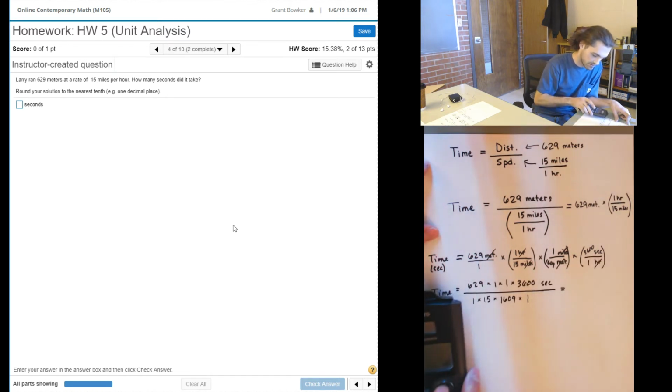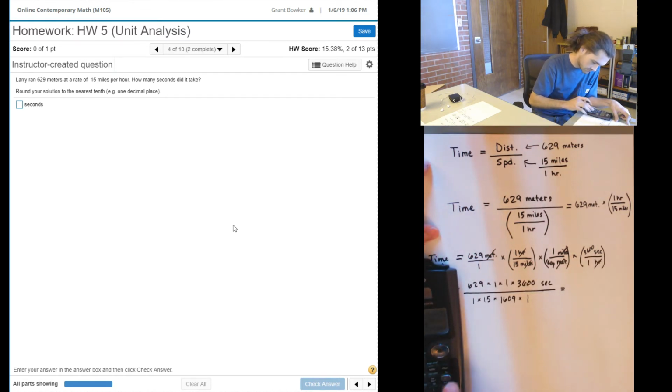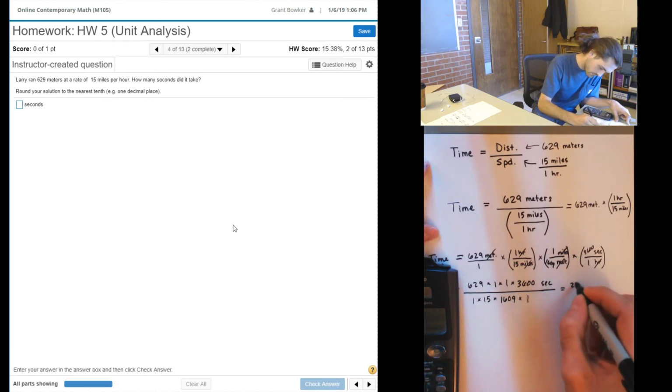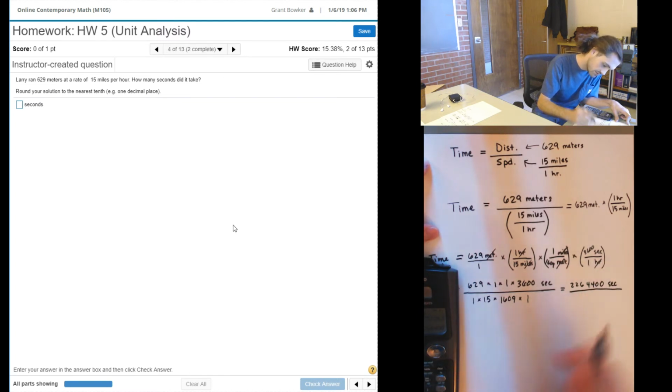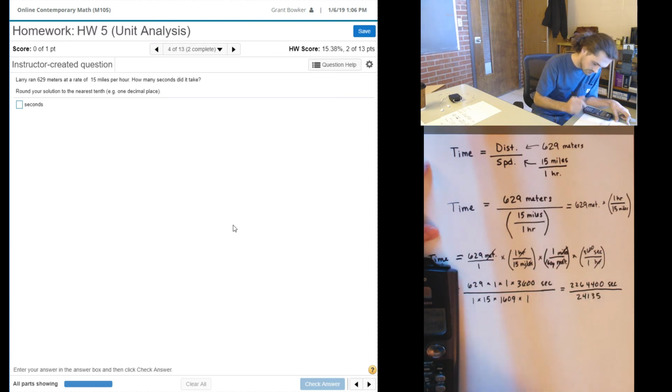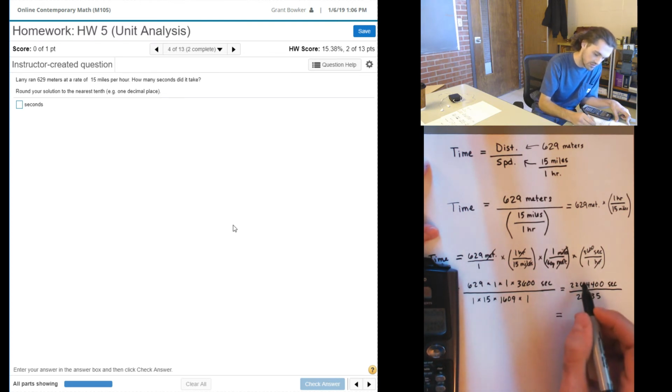So let's go ahead and crunch these numbers. 629 by 3,600 is 2,264,400 seconds. It's quite a few seconds. Over 15 by 1609, which is 24,135. Lastly, we'll do this division.